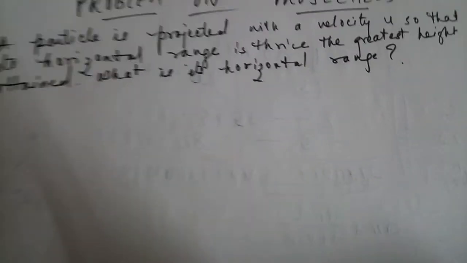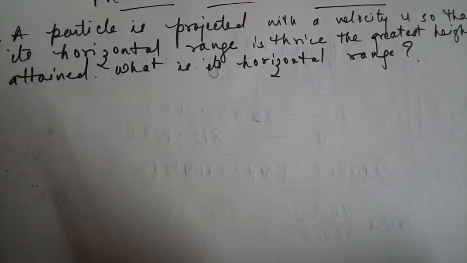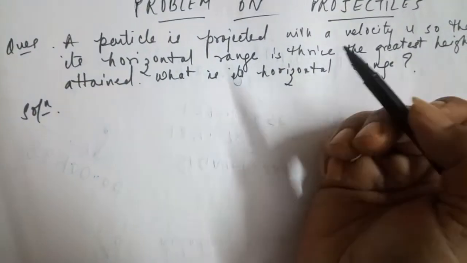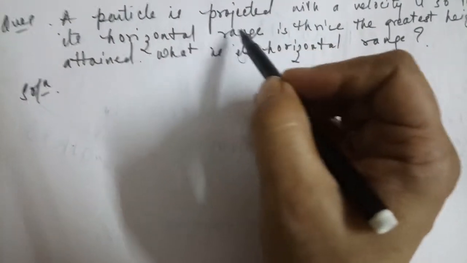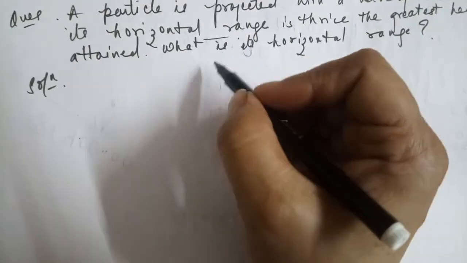Now in order to find the horizontal range, first we need to see the conditions given. We need to find the angle theta in this case. The horizontal range is thrice the greatest height.